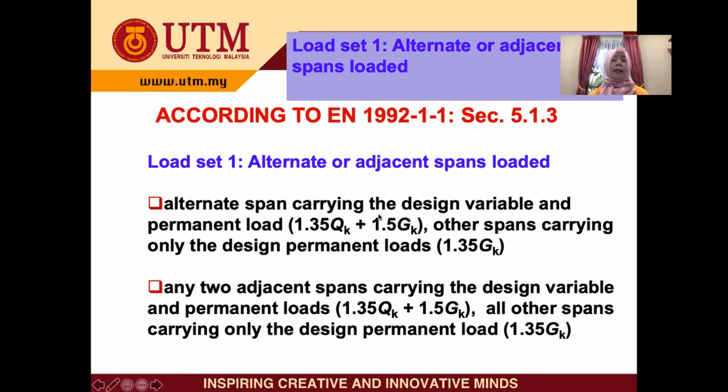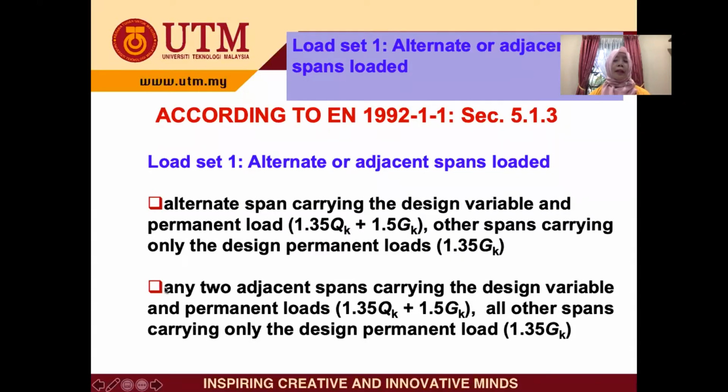This is a combination of the variable and permanent load, maximum 1.35 GK plus 1.5 QK, and the other spans carrying only the design permanent loads, that is 1.35 GK. As you can see here, although it's only design permanent loads, we still have the safety factor 1.35.